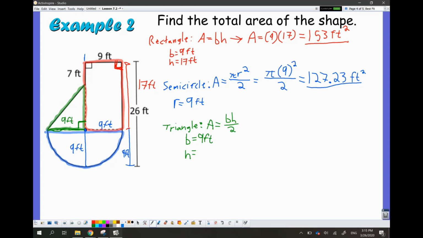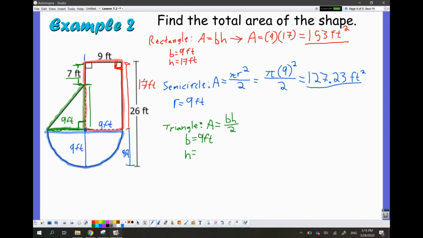Now I need to find the height. But again, the height is this piece right here, but I don't know that. So I need to figure it out. I know though that this section right here is 7 feet. And remember, we were looking for the height of the rectangle that ended up being 17, which means that if I subtract this piece from the total, then I can find the height of the triangle.